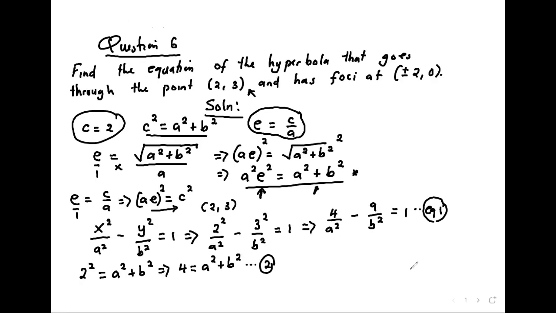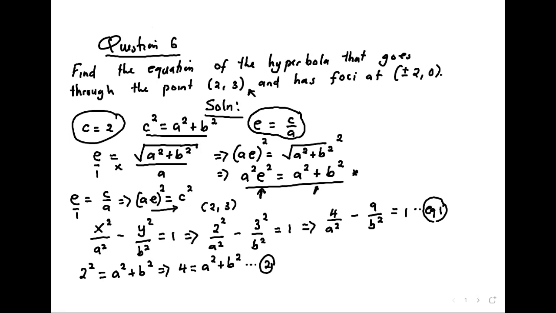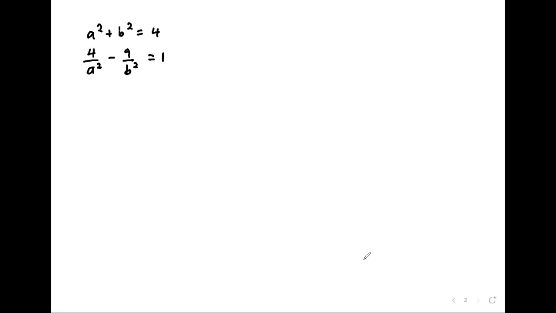So we have a squared plus b squared equal to 4. We also have 4 over a squared minus 9 over b squared equal to 1. Yes, so here are the two equations. Let's solve them.